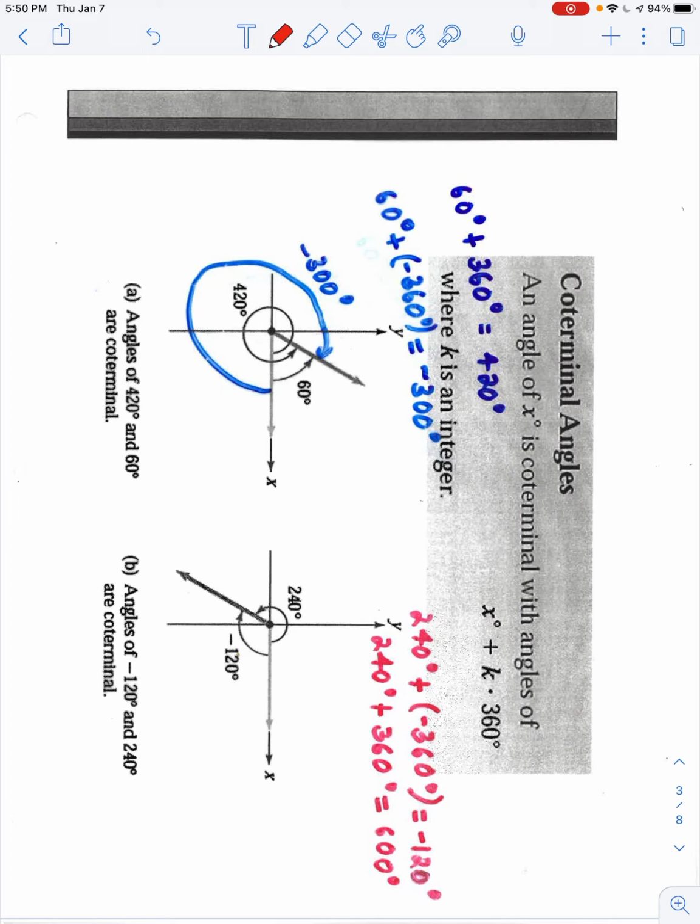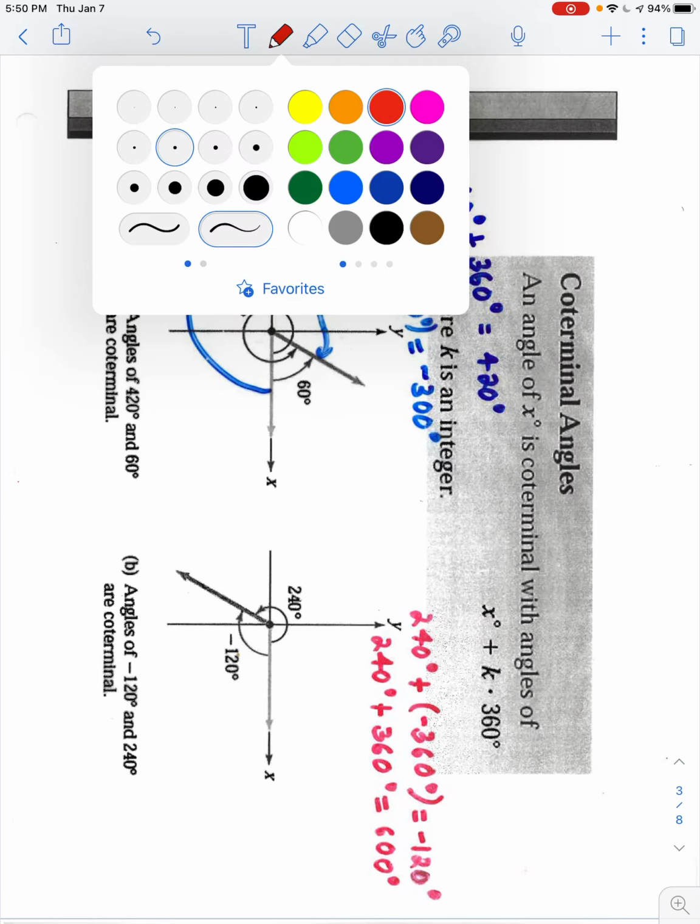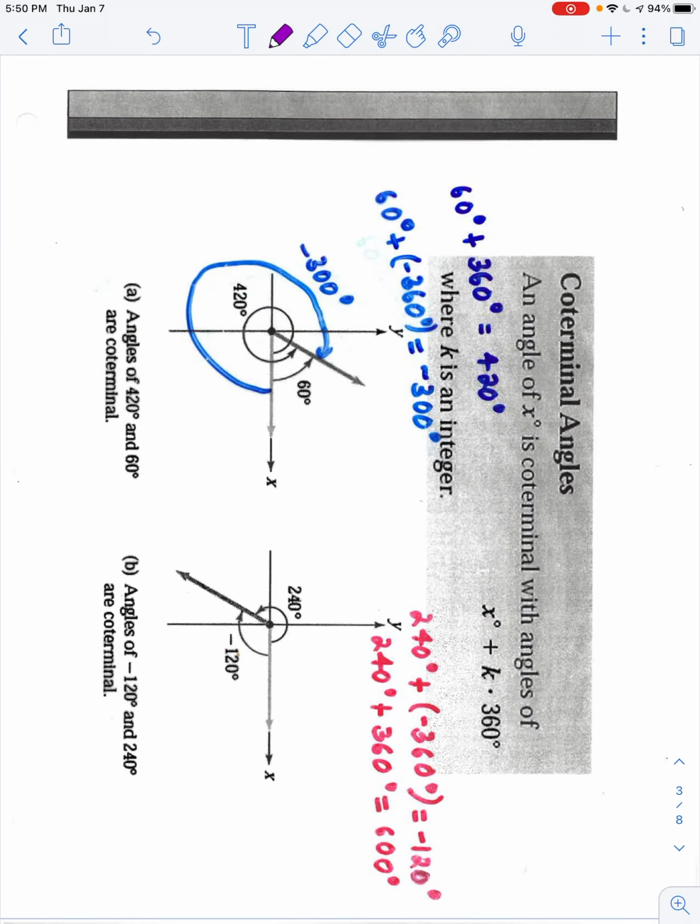So anytime you add, let's go with purple, anytime you add a multiple of 360 to an angle or subtract a multiple of 360, because k is just any integer that's either positive or negative, you are going to find angles that are coterminal. Coterminal angles have the same initial and terminal side.